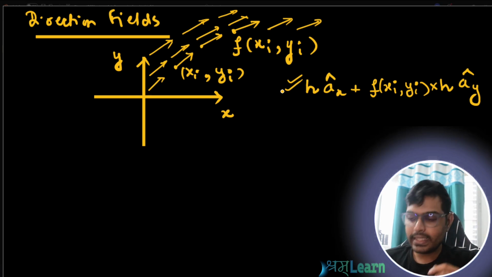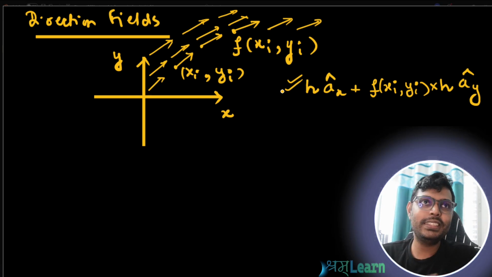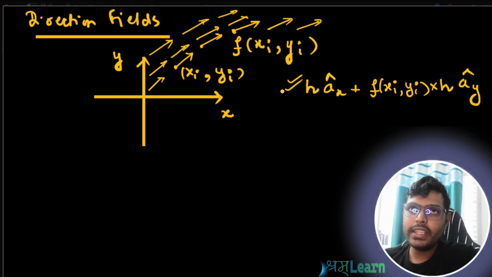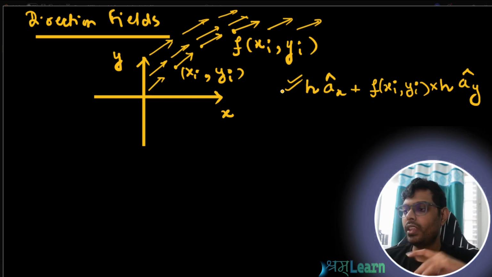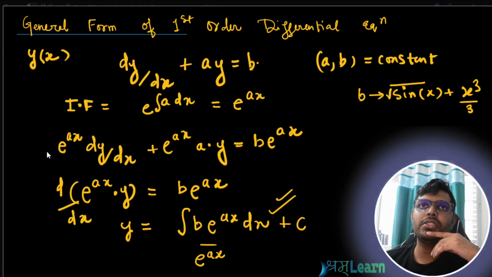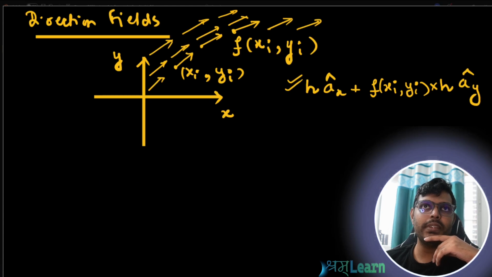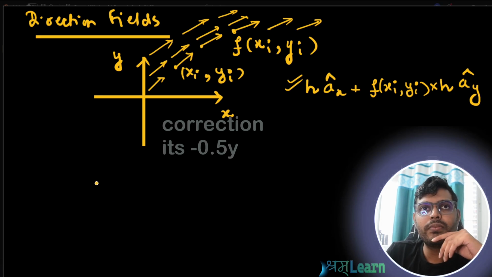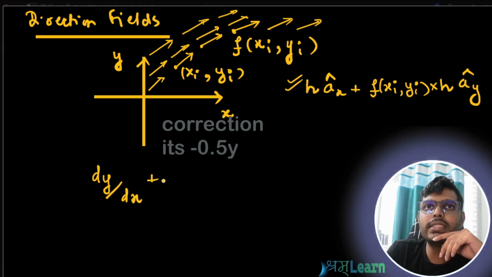So let's get started. It is going to be a bit lengthy code, but if you follow along, it will be easy. So the solution that I have shown you here, we will solve a function. The differential equation that we are going to solve is dy by dx plus 0.5 y equals 0.1 x square.